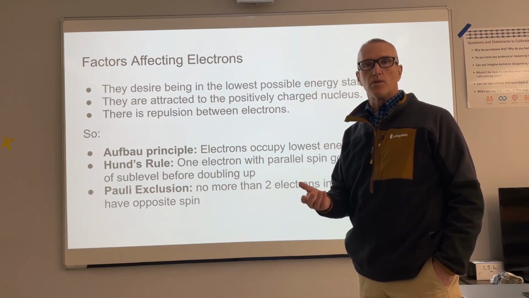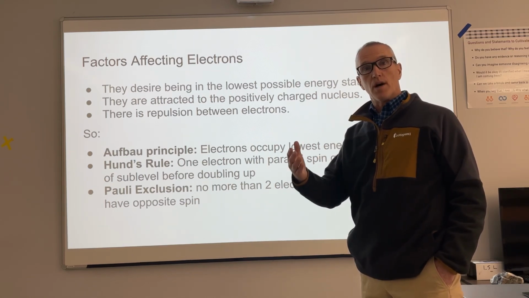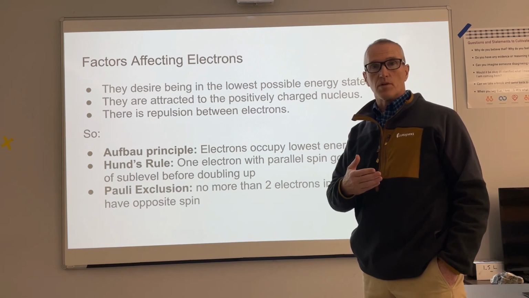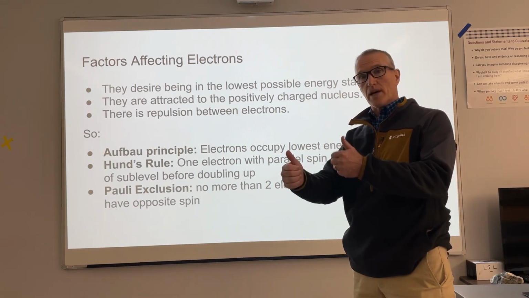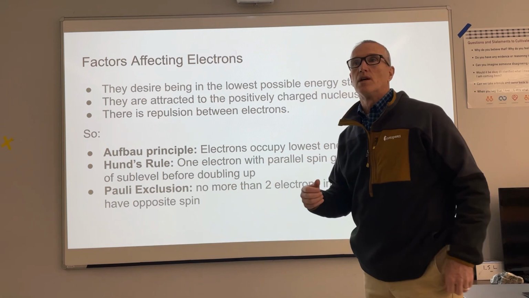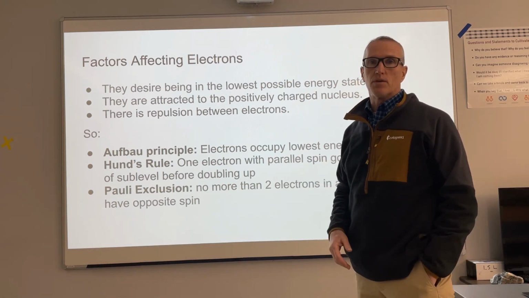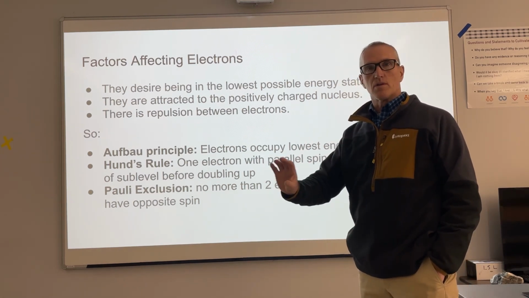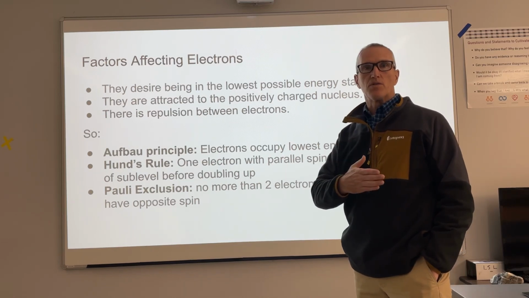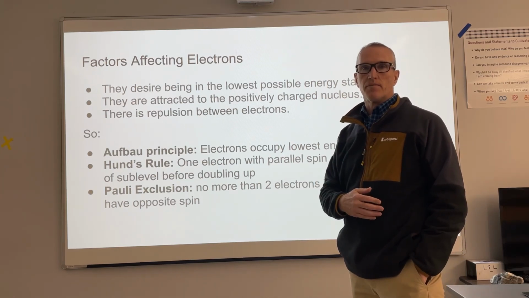So in a p sublevel where there are 3 orbitals, you'll have one electron in each orbital with parallel spin, so imagine again all up arrows, before they begin to double up in those orbitals, because those orbitals are of equal energy, but they're better distributed, one in each, before they double up.